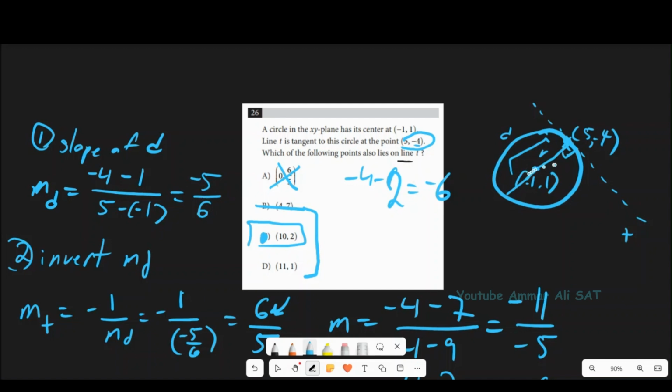Then we inverted it, because we invert the slope of the diameter to get the slope of the tangent line, because they are perpendicular, and perpendicular lines have opposite reciprocal slopes. That's what we did in step 2. And then in the final step, we calculated the slope between our point on the tangent line and the other points available to us, and chose the answer which resulted in a slope equal to the one we calculated in step 2.